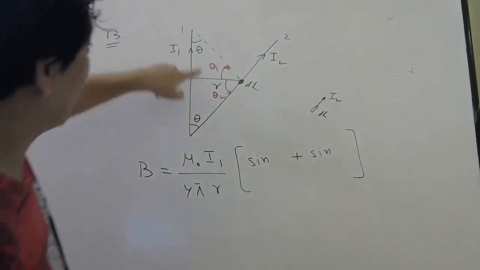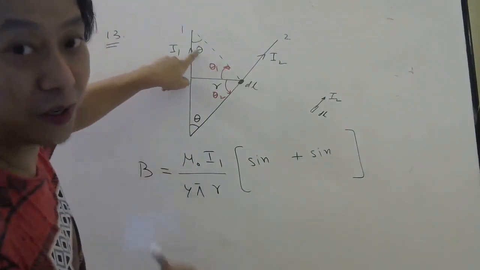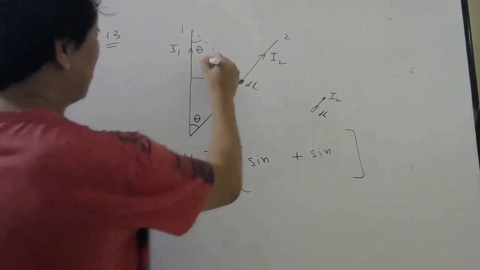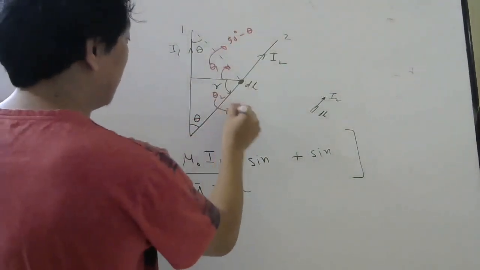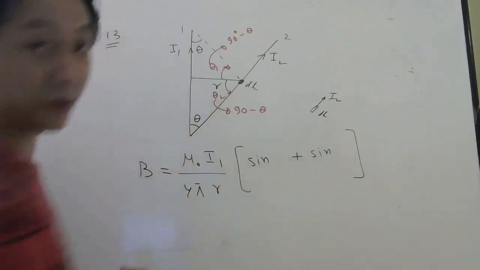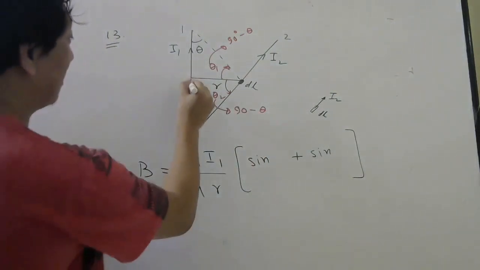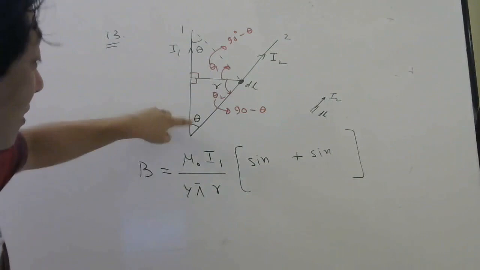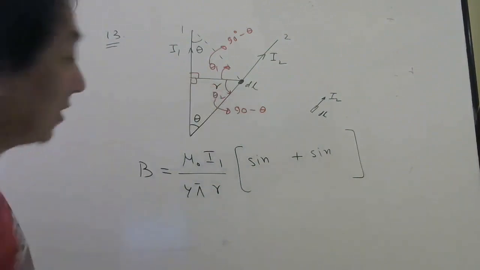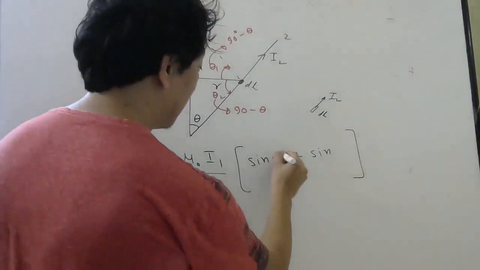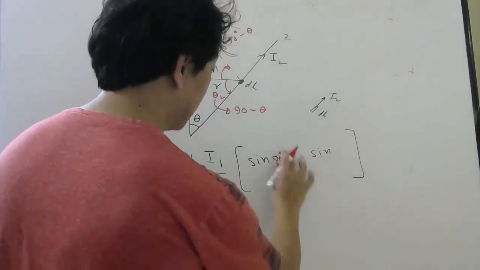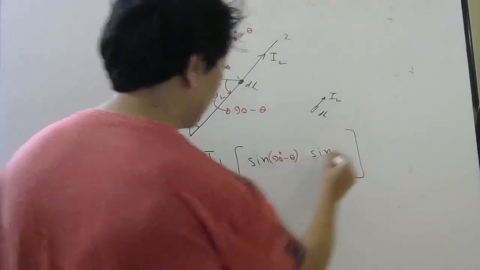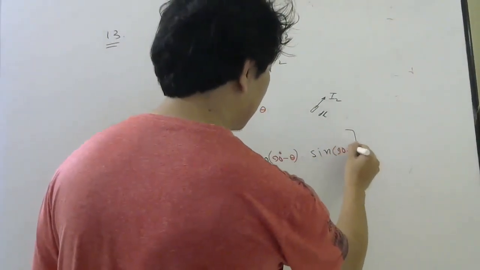Now this is theta, and the answer should be in terms of this theta. So theta 1 will be what? 90 minus theta, and theta 2 will also be 90 minus theta. Correct, no? This is 90 degrees, 90 degrees, 90 degrees, this is theta, so the other angle will be 90 minus theta. So here I should write 90 minus theta, and here I should write 90 minus theta.